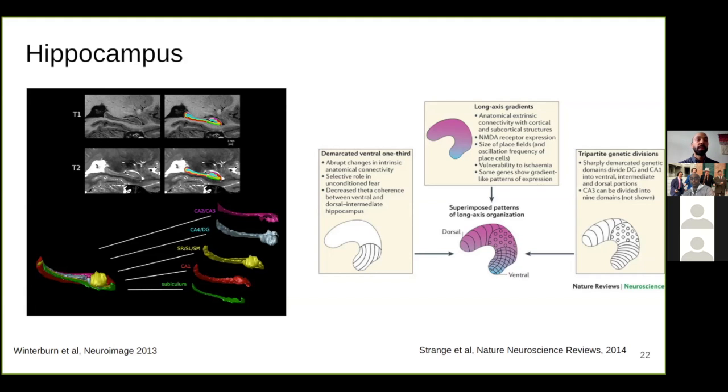And spatial specificity in the hippocampus is especially important because it's a structure that's, as a whole, involved in a wide array of functions and diseases. And so there's an extra benefit to getting that specificity to know which part of the hippocampus is involved in which function, or which part of the hippocampus is most vulnerable in a given disease. So that made the hippocampus a great choice for our first project here.